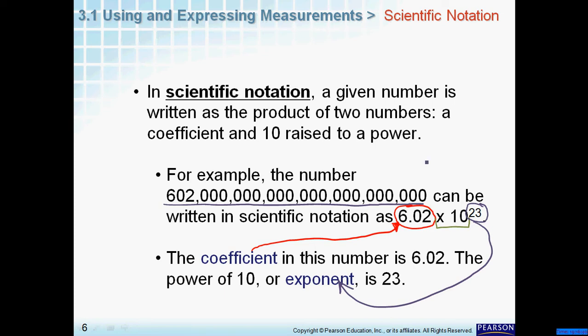And we can write that in scientific notation with a coefficient in red, the times 10 in green, and the 23rd as the exponent in purple. So for your notes, it's important that you have those three parts written down. The coefficient, the times 10, and the exponent.